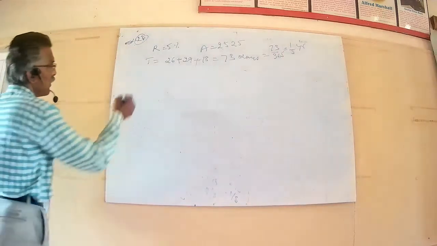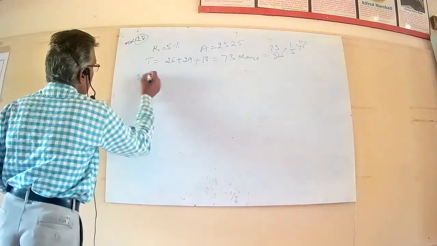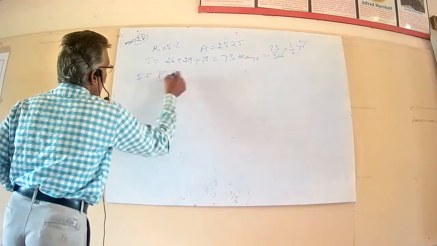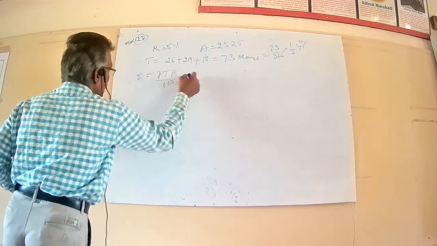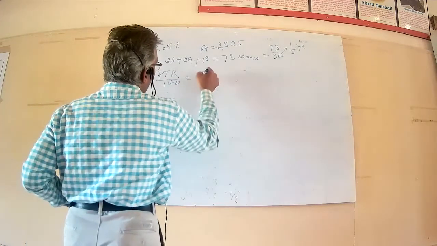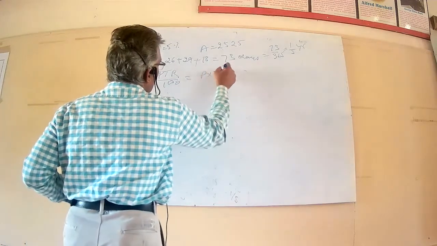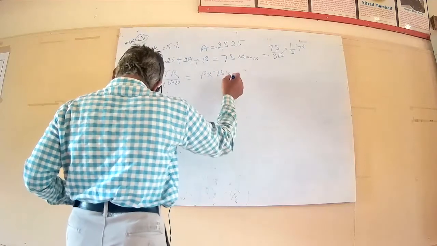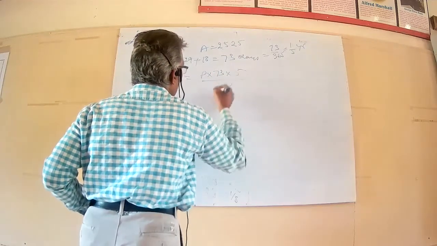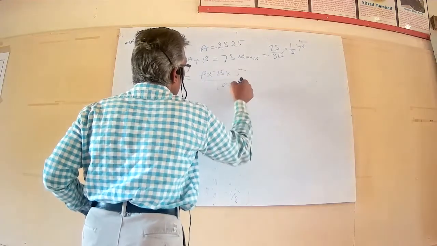Now I equal to PTR upon 100. That is equal to P into 73 into 5 divided by 100. Here one 5 cancels with 5.